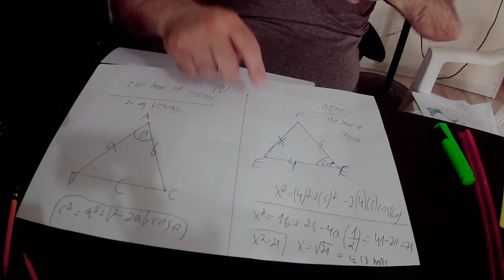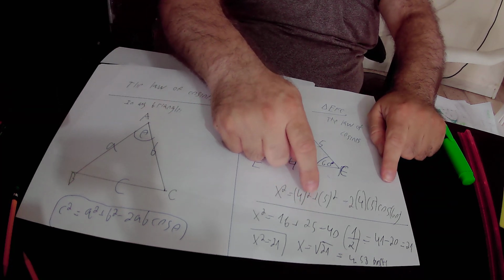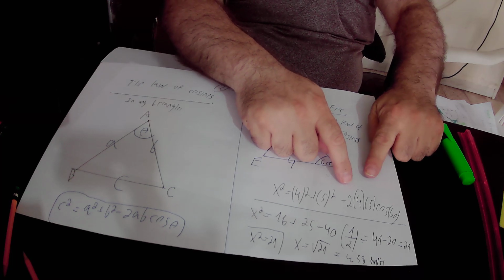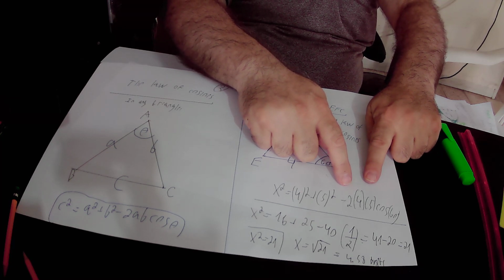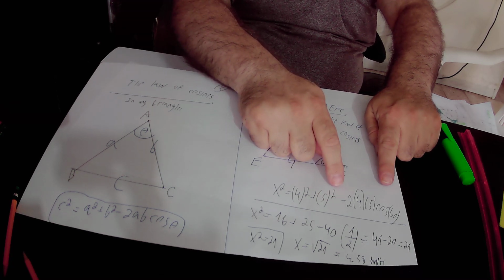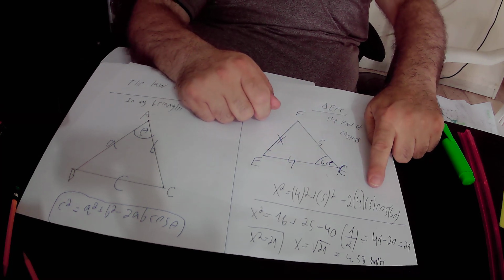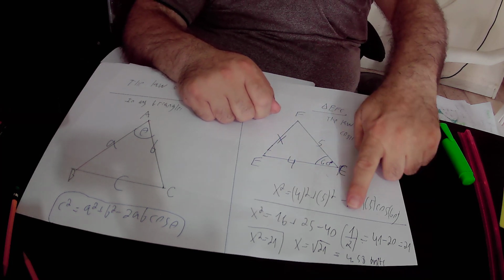Okay, so X squared equals 4 squared, that is 16, plus 5 squared, that is 25, minus 4 times 5 is 20, and 20 times minus 2 is minus 40, times cosine 60 degrees, and cosine 60 degrees is 1/2. So this expression equals minus 40 times 1/2.